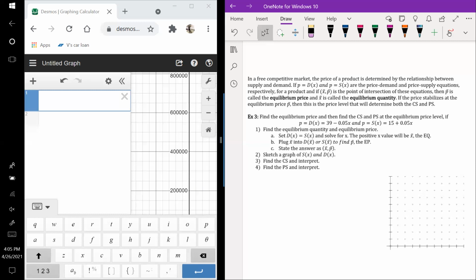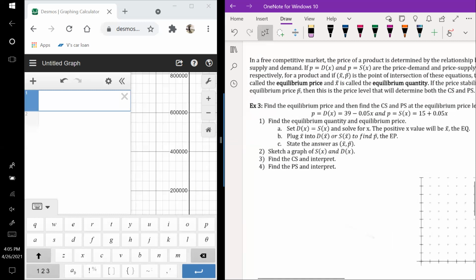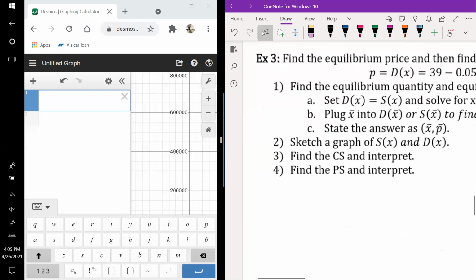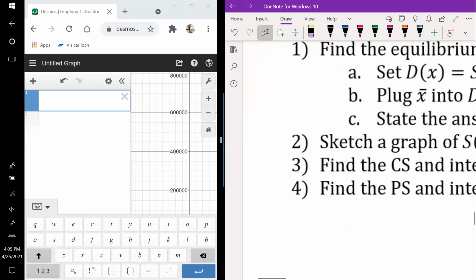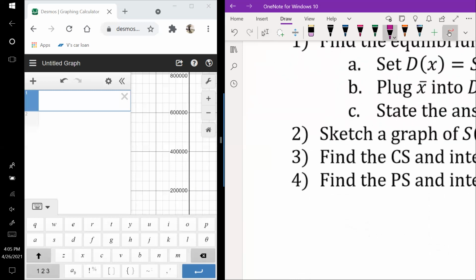Okay, so to do this, the first thing we're going to do is take D of X and set it equal to S of X and solve for X. Whatever we come out with will be considered X bar, and this will also be considered the equilibrium quantity. So that's going to be our first step. So let's go ahead and do that. I guess we'll call that 1A. Why not? All right.